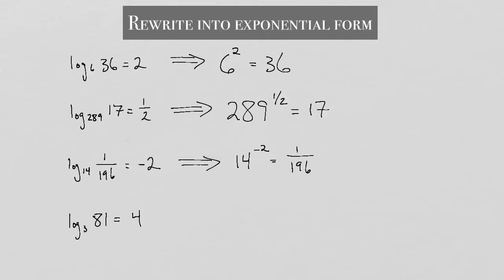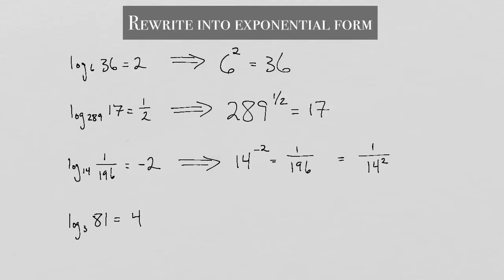So this equals 1 over 14 squared. Remember, when you have a negative exponent, it's a reciprocal. It's going to go in the denominator, and once it goes in the denominator, that negative sign disappears. So a negative exponent is your reciprocal. This goes back to your rules of exponents.